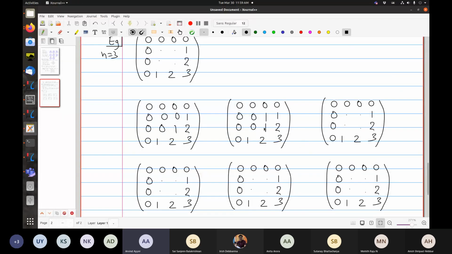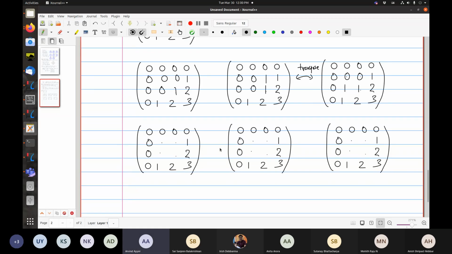Anything else? It's clear that if something is allowed, then its transpose is also allowed because the conditions satisfy that requirement. So 0, 0, 1, 1 is also allowed. That's the transpose of this. Okay. Continue. So 0, 1, 1, 2 should work.